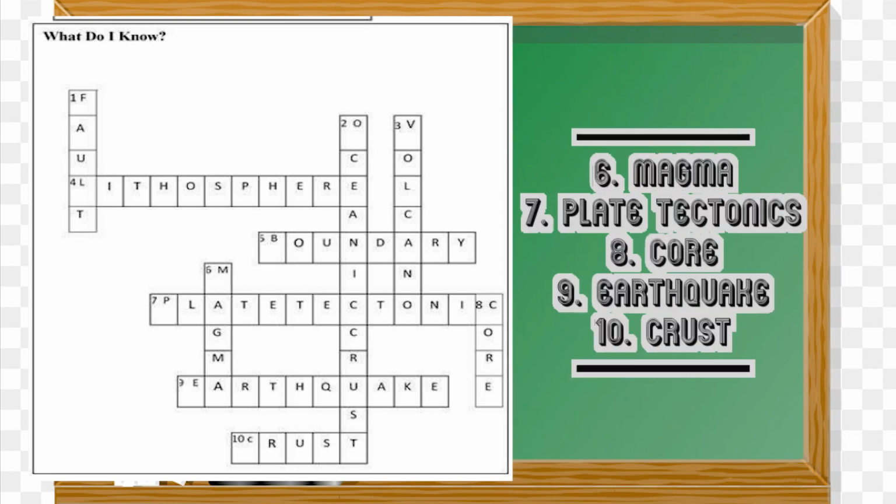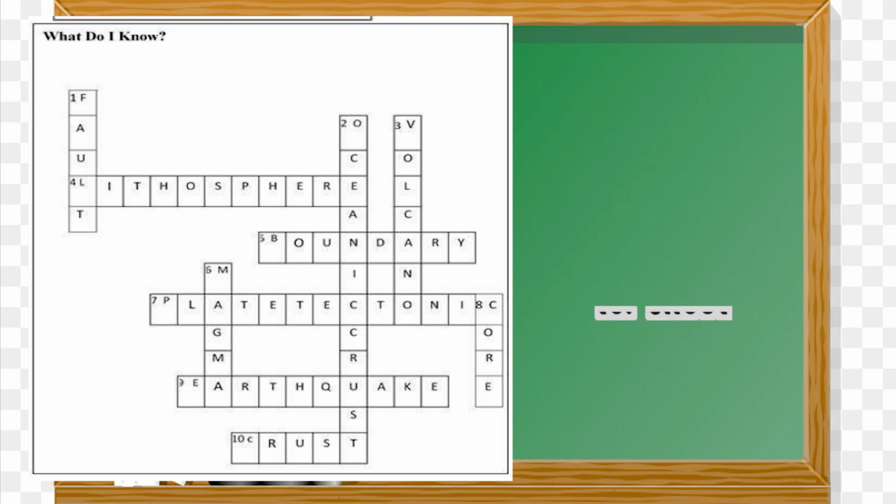Magma. 7. Plate tectonic. 8. Core. 9. Earthquake. And number 10 is crust. Have you checked your answers already? Well, congratulations to those who got a perfect score, and to all of you for giving your best for this activity.